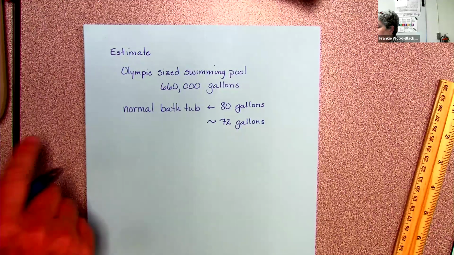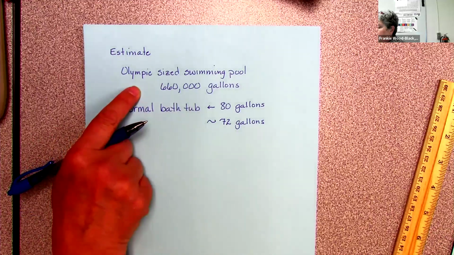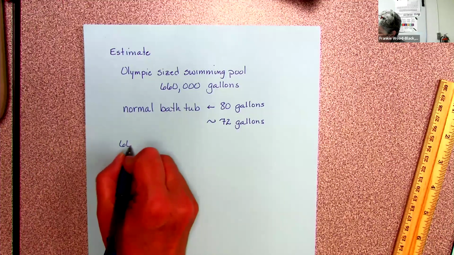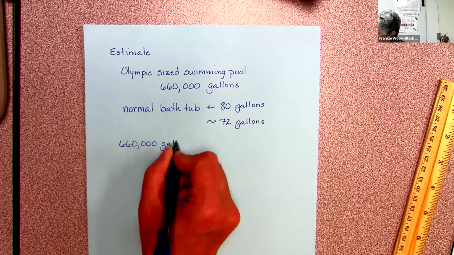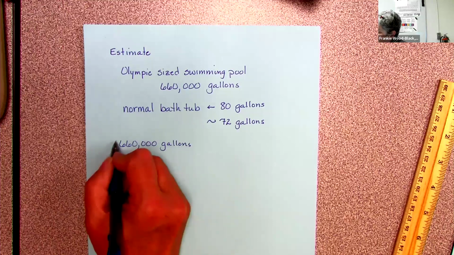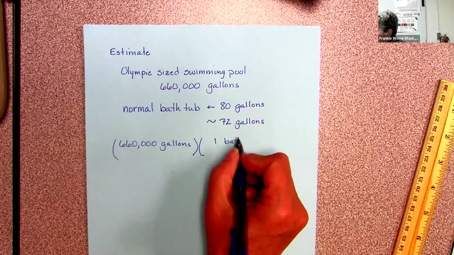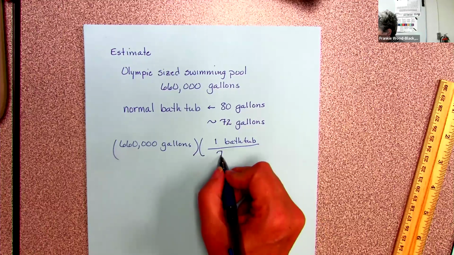So if we want to estimate the number of bathtubs in an Olympic size swimming pool, there's my 660,000 gallons. And now we're going to do a conversion. I've got one bathtub to 72 gallons.